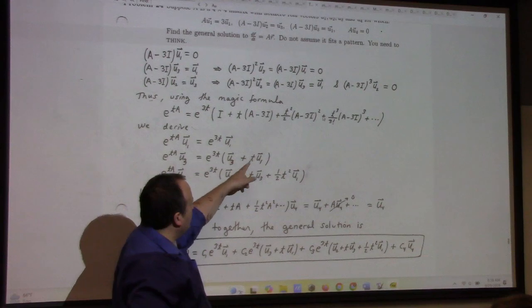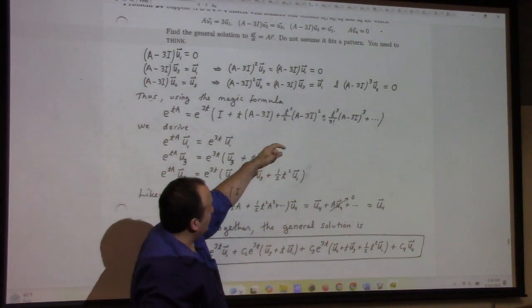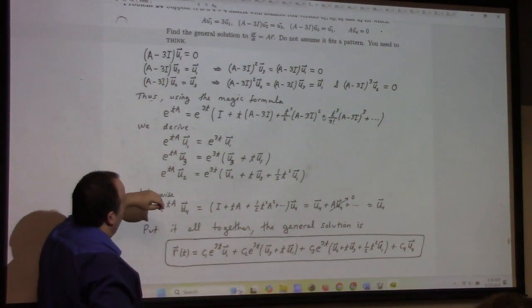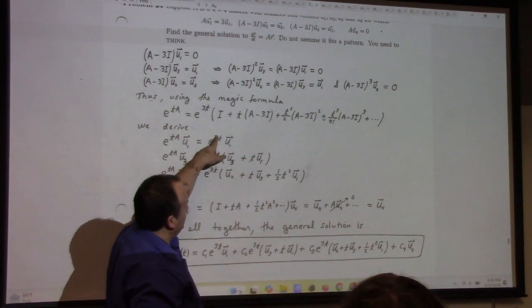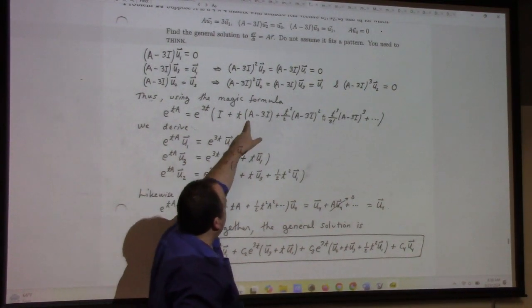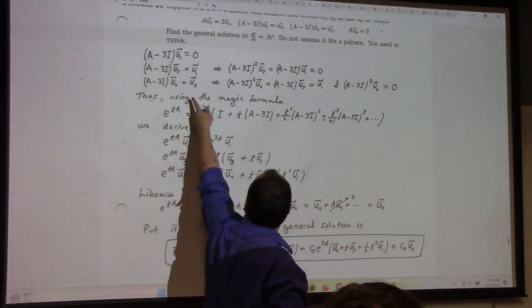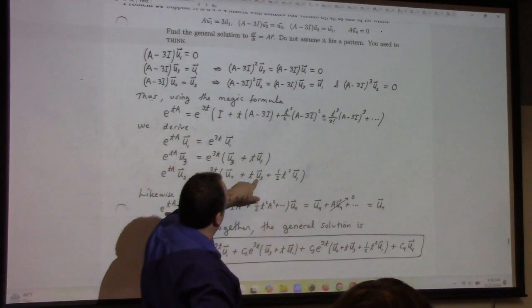So you get u3 plus t u1. And for u2, it's actually a generalized eigenvector of order 3, rather. And so when I take u2 and feed it to the magic formula, I get the u2 from the I. I get A minus 3I times u2, which is u3, right?